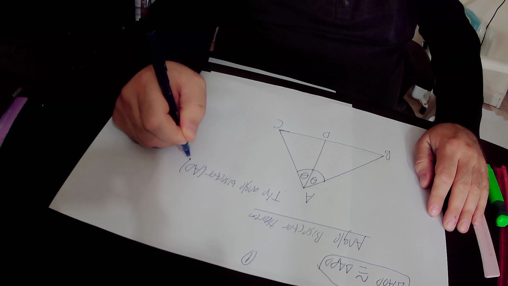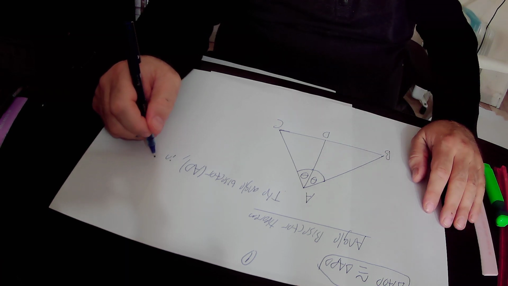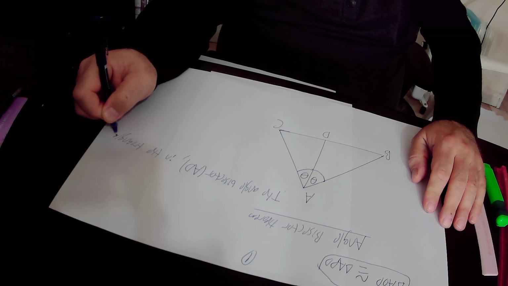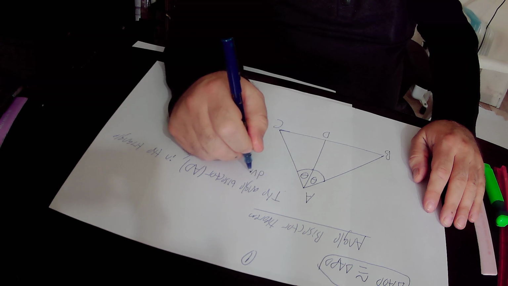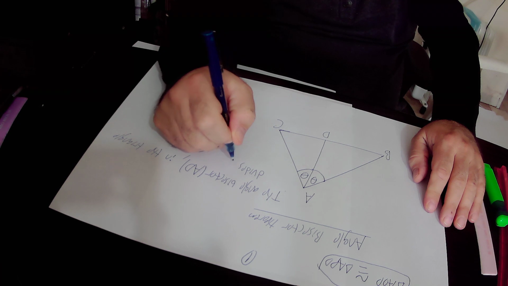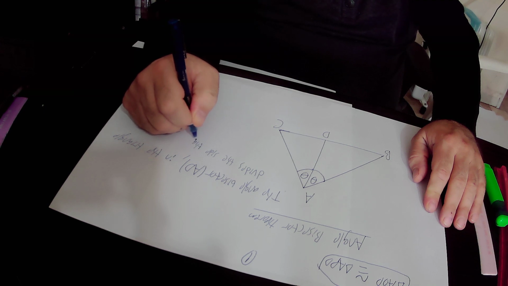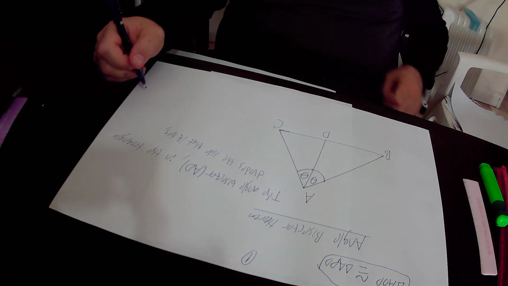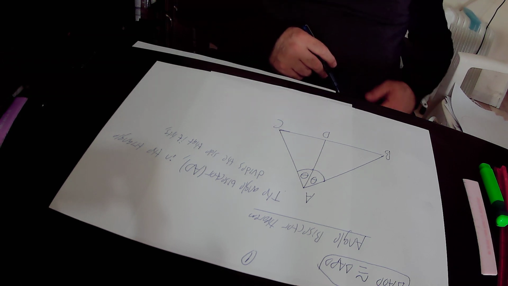So I write it down. In triangle ABC, the angle bisector AD divides the side that it is drawn to, side BC, into two parts.